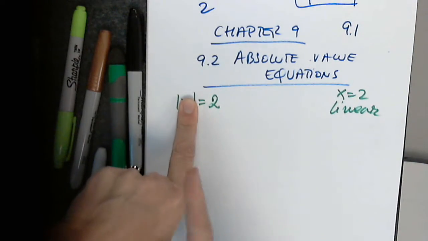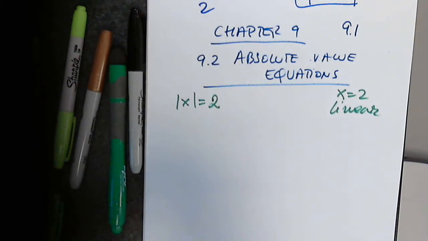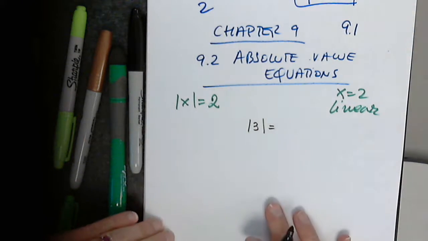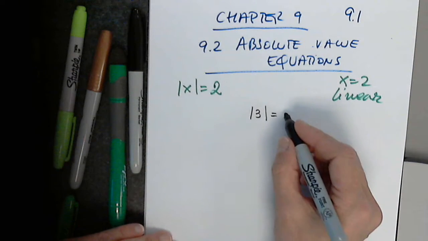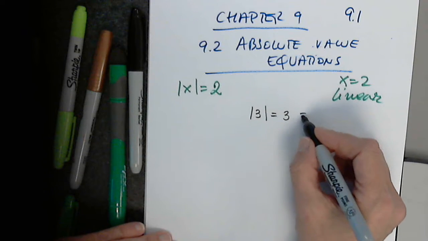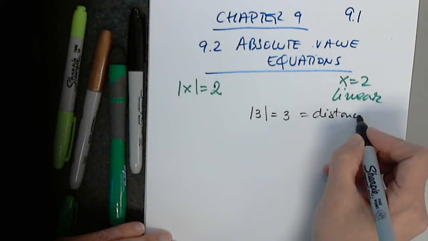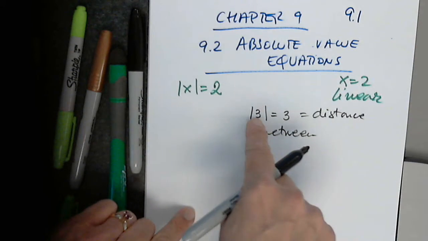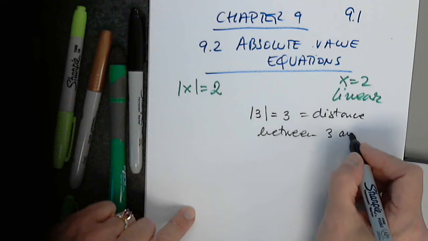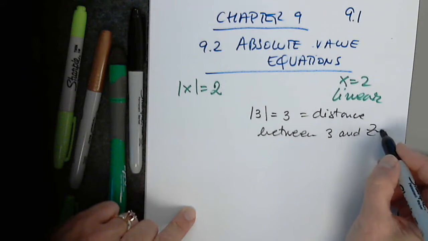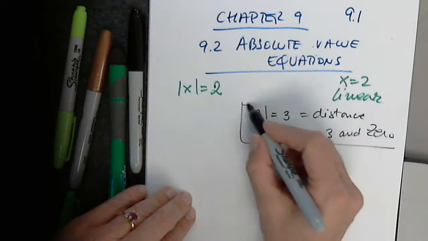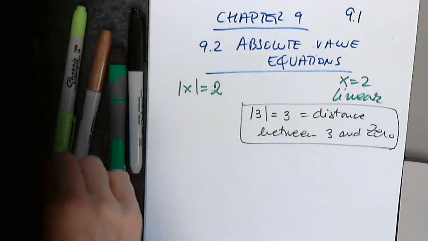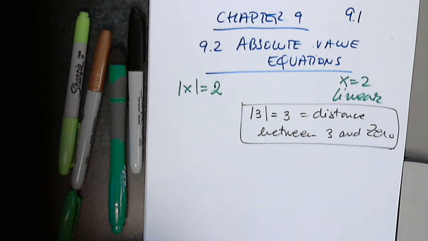I'm asking myself, first, let me just remind you, for example, the absolute value of 3, how much is that? Because this is the distance between 3 and what? Exactly. So please remember the definition of the absolute value. This is not the formal definition. That's something a little bit more sophisticated.